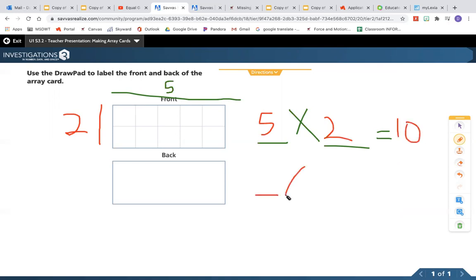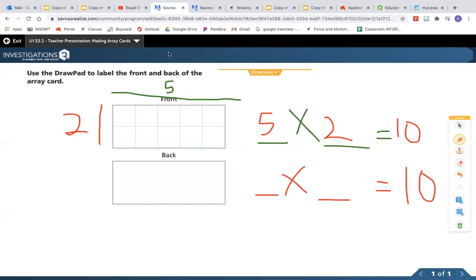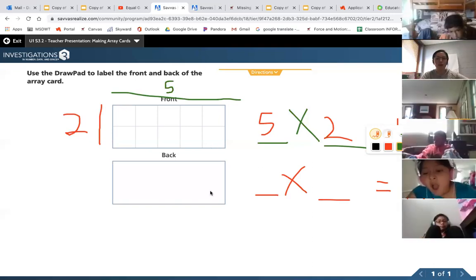Awesome. Who can raise your hand? Who can give me the other multiplication problem? Who can give me the other one? Raise your hand. Santana, what's the other one? Hey, Santana, what's the other multiplication problem, bud?